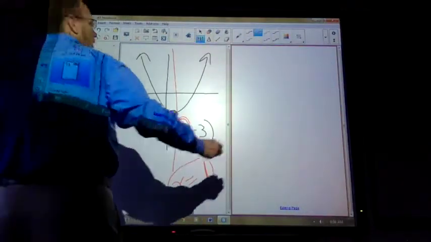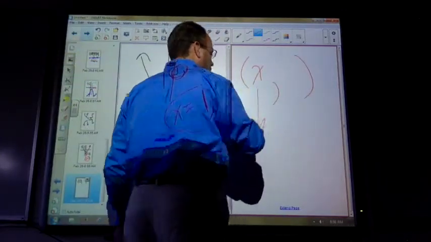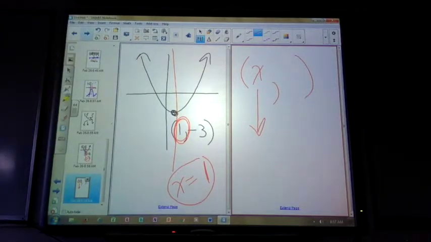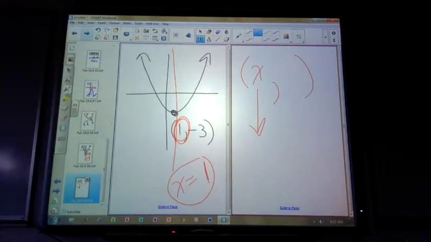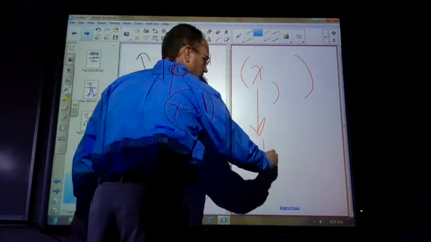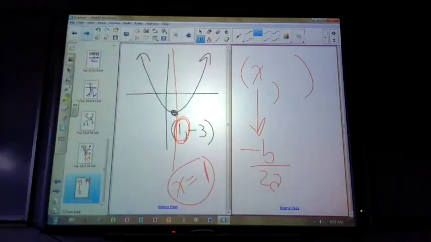Ben. If I wanted to find the vertex and I wanted to find the X portion, what little equation do we know that finds us that X portion? Negative B over 2A. There you go, negative B over 2A. Good job. Angelo, if I found negative B over 2A, let's say we found it to be 7.